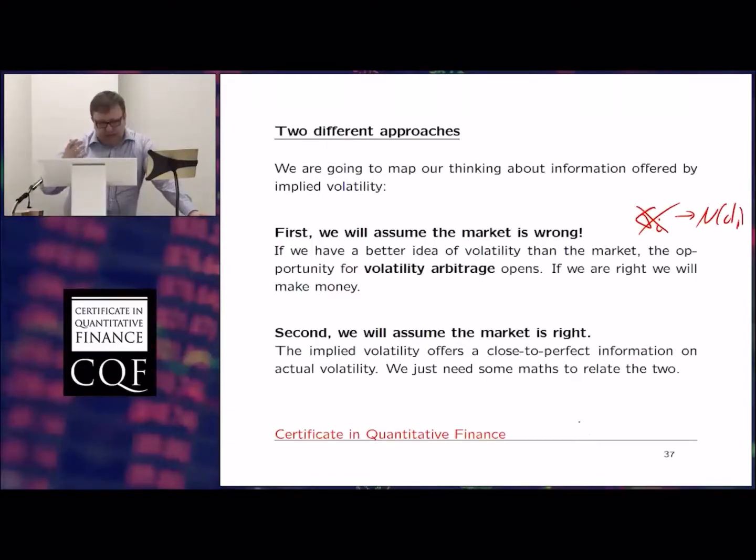But usually, if you think that the implied one is correct, or at least not necessarily correct, if you think that the implied one carries information about forward volatility, then you have to bootstrap that forward volatility and compute your delta, use that bootstrapped sigma t or sigma ts, the local vol.